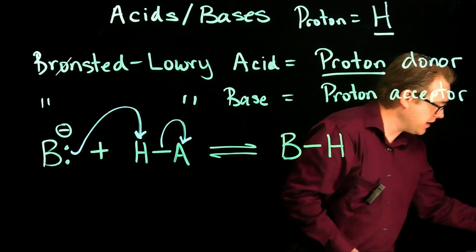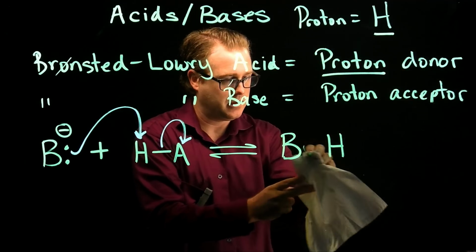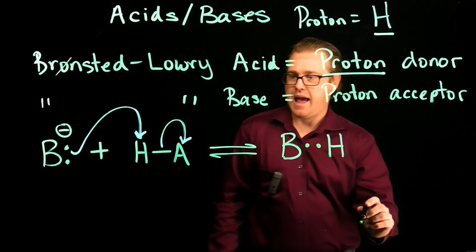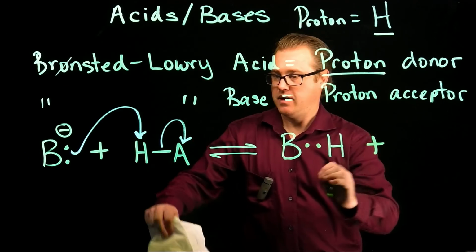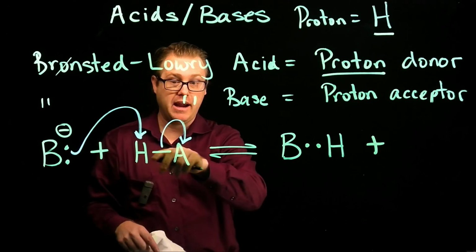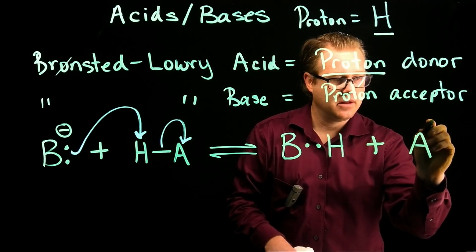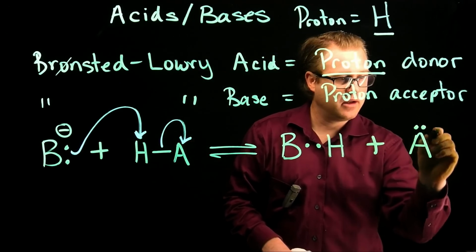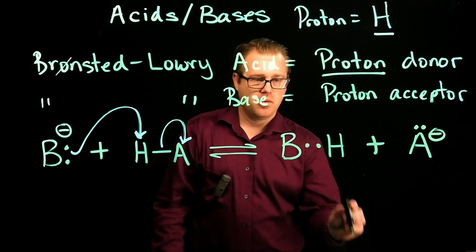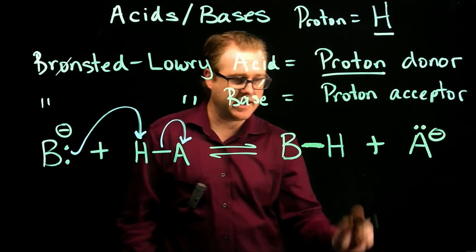So we could represent that covalent bond like this. Then the two electrons in this bond are going to break and be added to the acid. So we'll put the lone pair there, and then that will become negatively charged. We don't represent covalent bonds like that, so we just have the single bond right there.